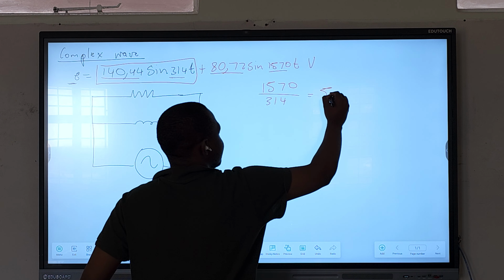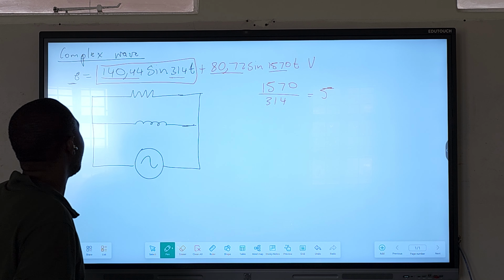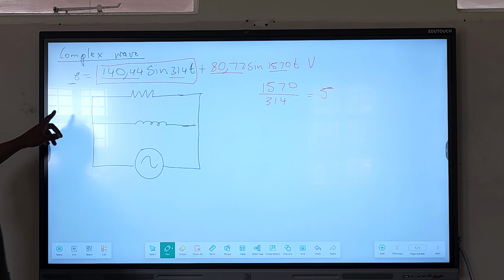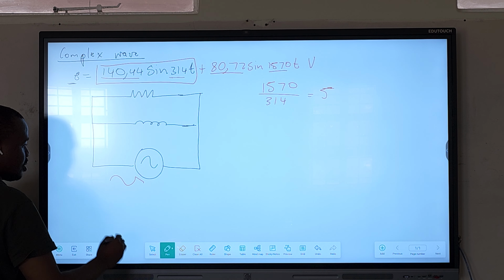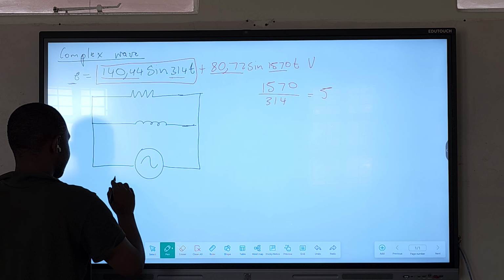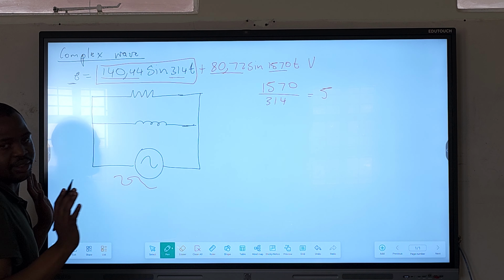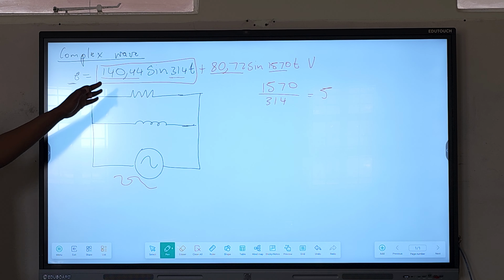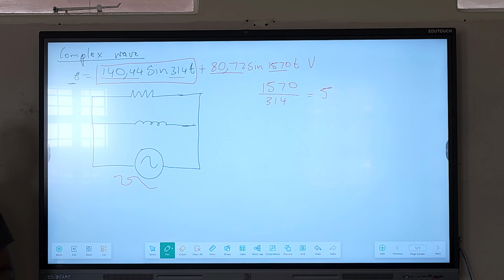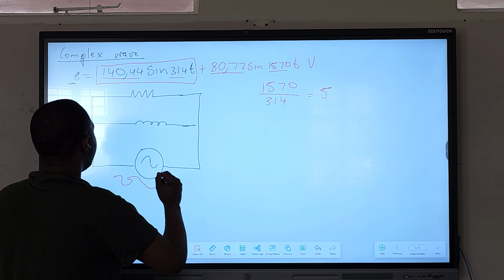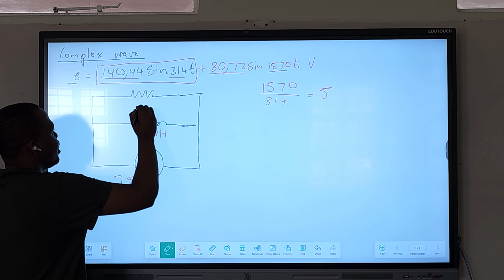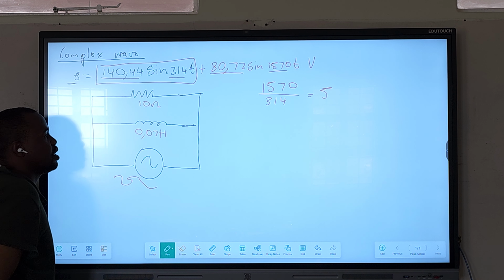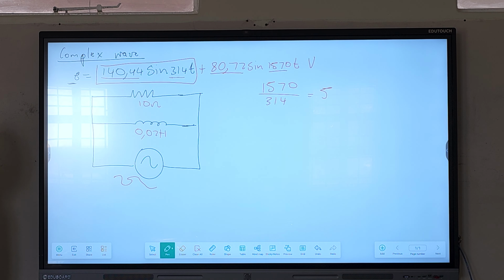This is signaling to us, guys, that this wave is made up of the first and the fifth harmonic. Okay, so here we have 0.02 Henry. Then the resistance is 10 ohms.